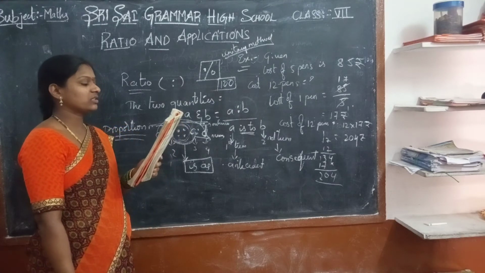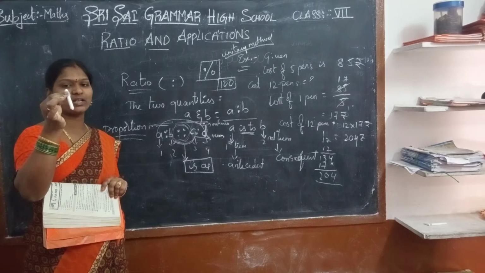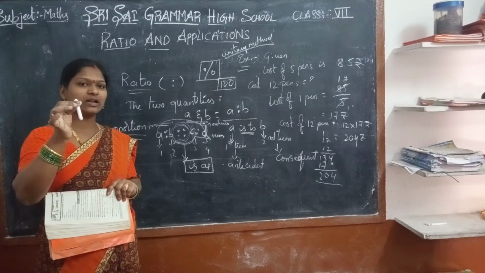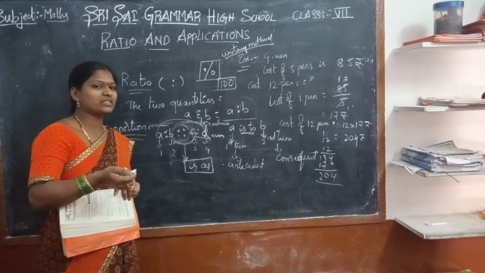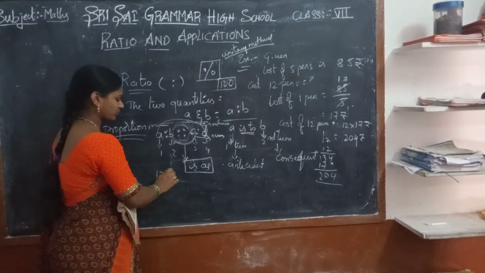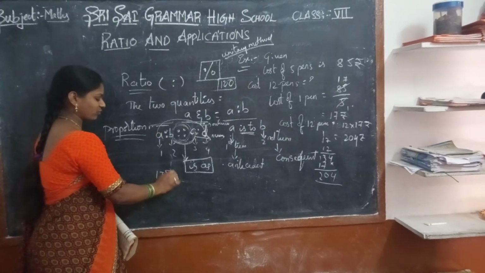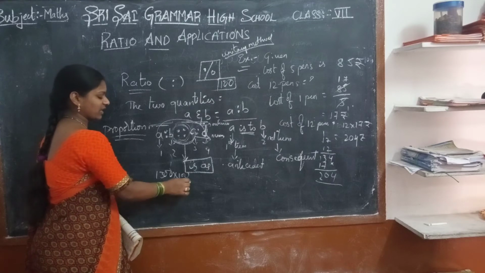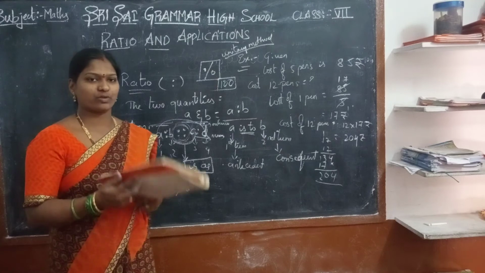Suppose the quantity of chalk pieces is 1300 and we want to convert it into percentage. We multiply with 100, and the answer is expressed in percentage form.